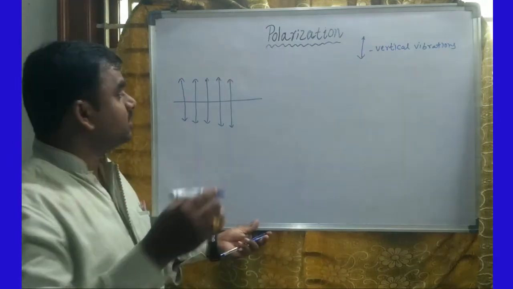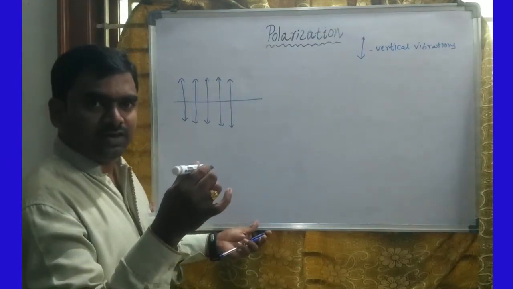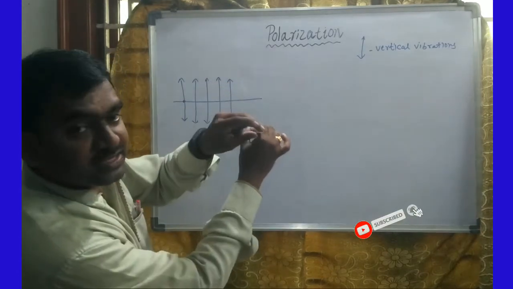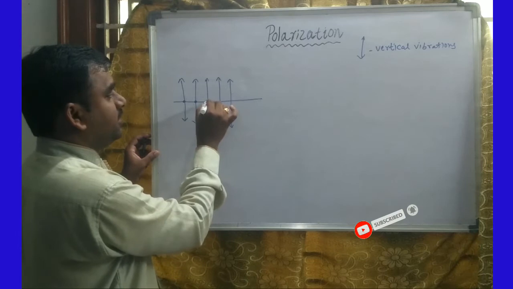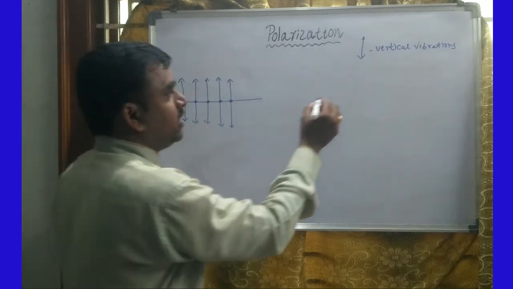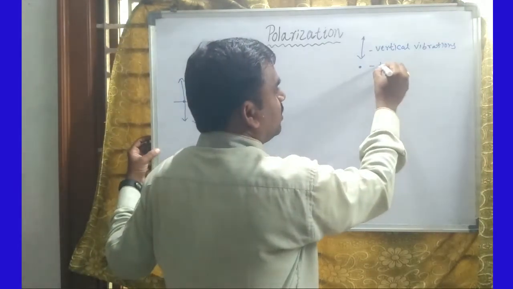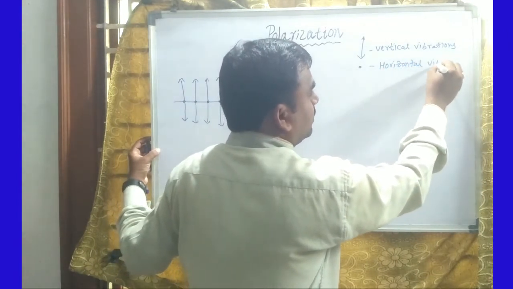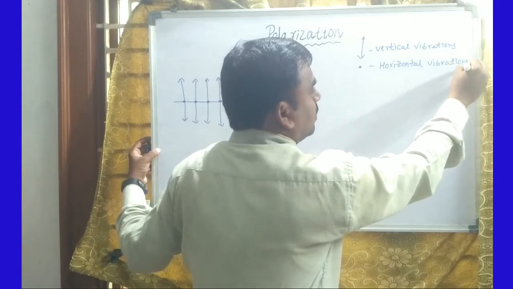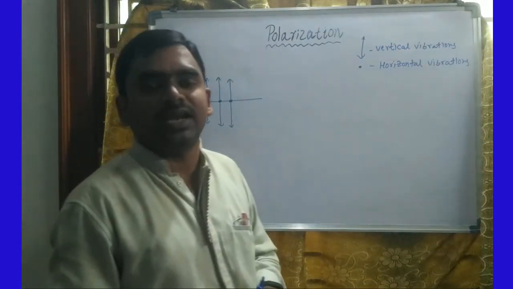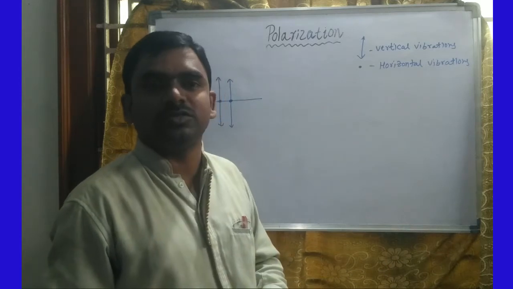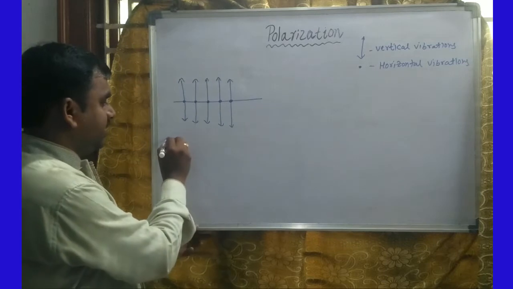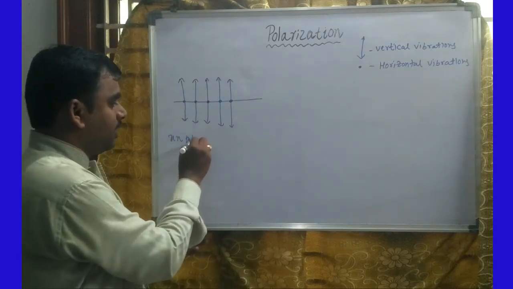But some of the atoms are vibrating like this. Suppose you observe from the front side, it is like a dot. These we are considering as horizontal vibrations. That means the normal source of light, sunlight, and light from the tube light are all unpolarized light. This is the representation of unpolarized light.